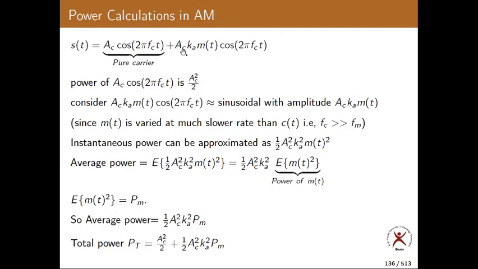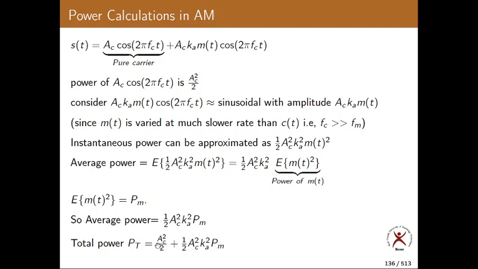The power of this term is the power in sidebands, but the power of this term is the power of the pure carrier. So this power is the power in sidebands, this power is the power in the carrier, and the total power is the carrier power plus the power in sidebands.